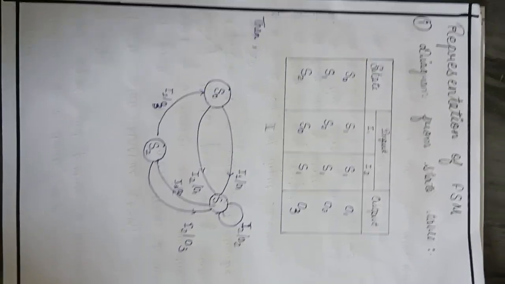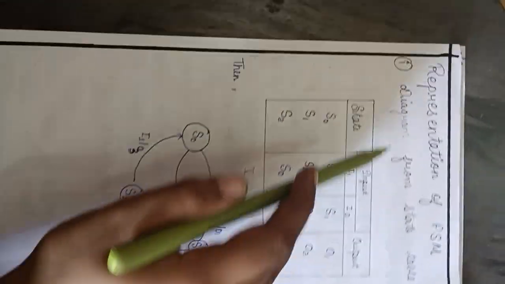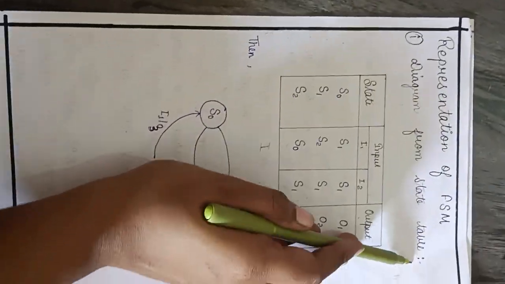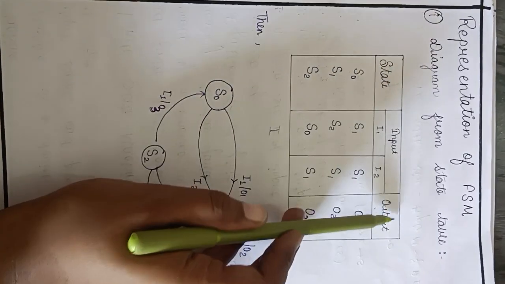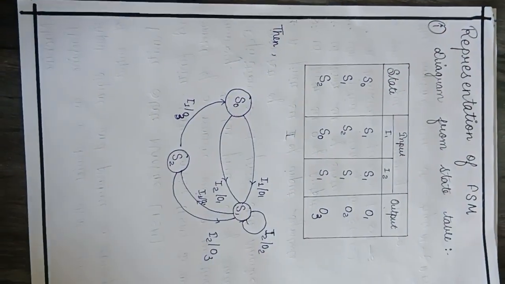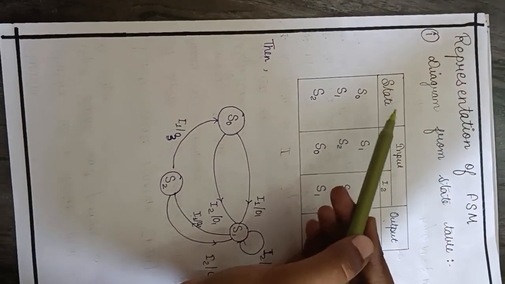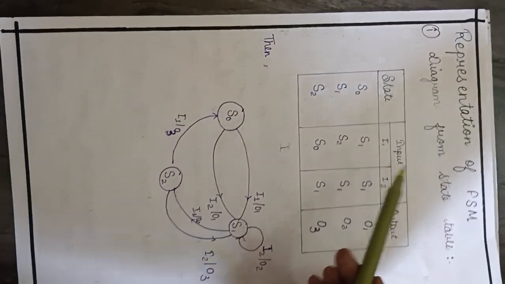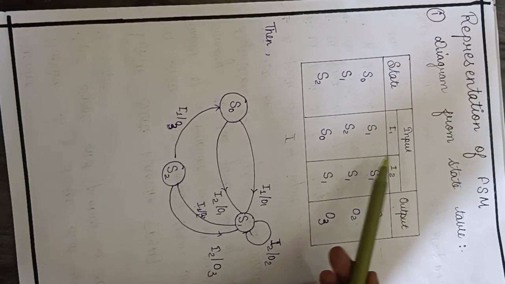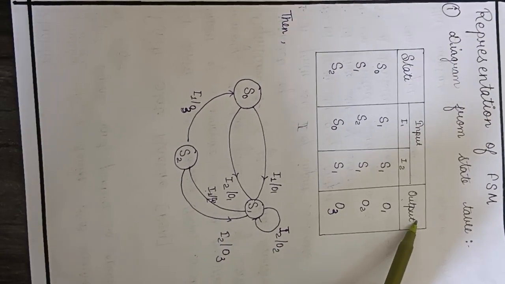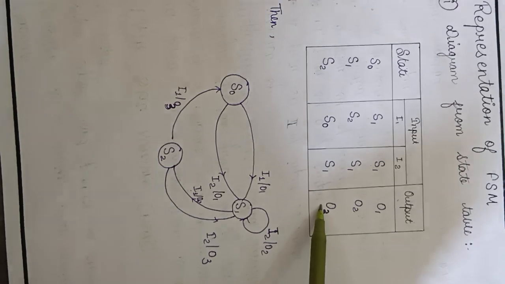Now we will discuss the representation of an FSM diagram from a state table. Here we have been given a table and we have to draw a diagram from it. The first column represents the state, then the input, and the last column represents the output.